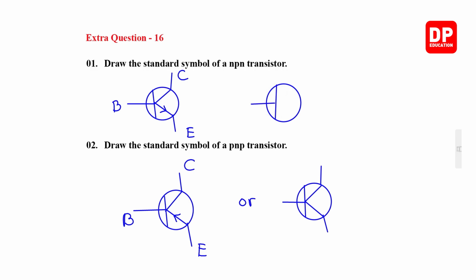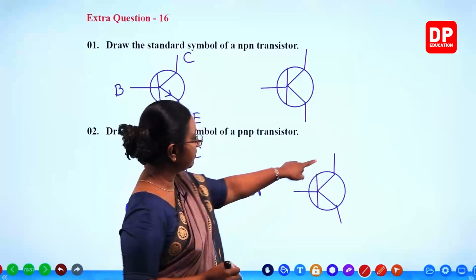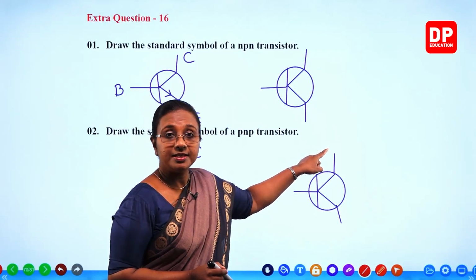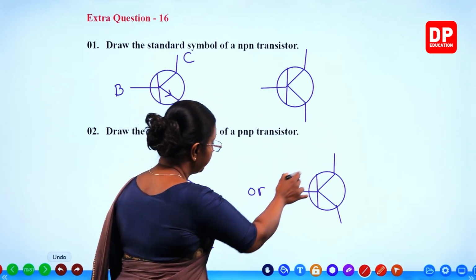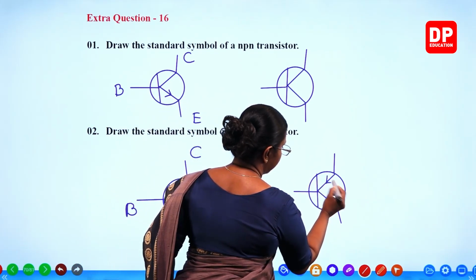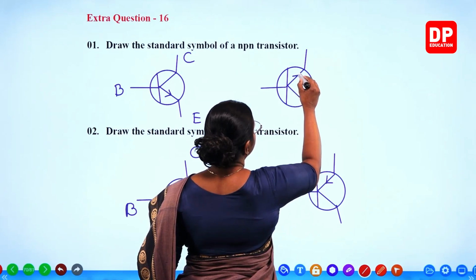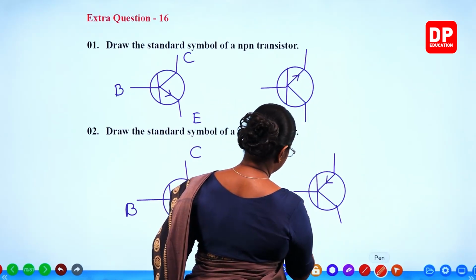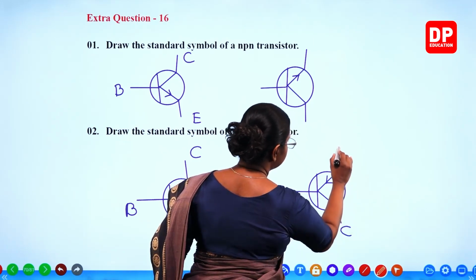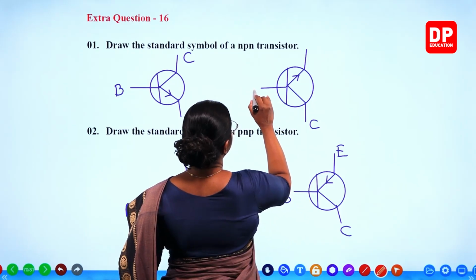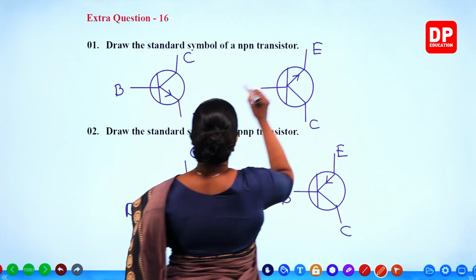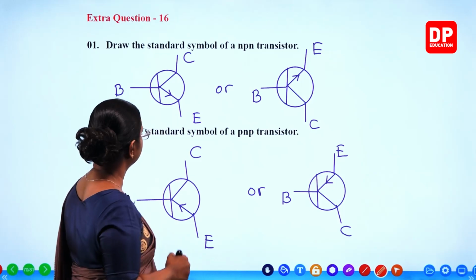So if you have the emitter there, what is the direction of the arrowhead? Again it is going to be from emitter to base. Here it will be base to emitter. So here base, collector, emitter. This is collector, base, emitter. So both the symbols are correct.